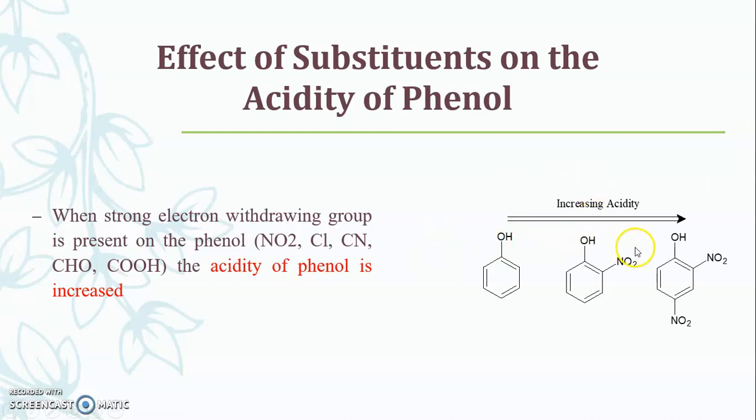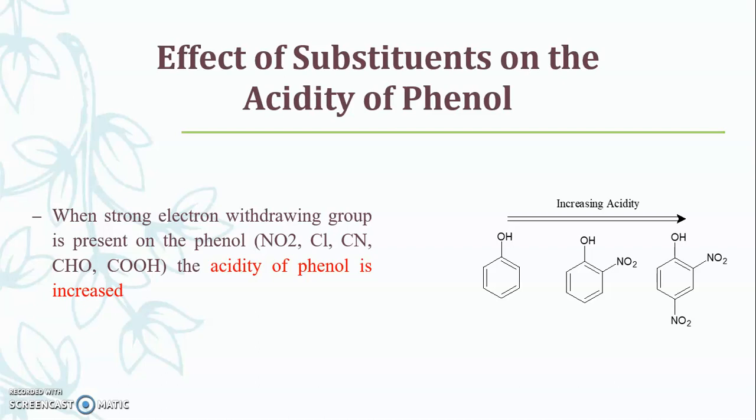Why? Because these substituents withdraw the electrons present on the benzene ring, due to which the benzene ring becomes electron deficient, and to become stabilized, the benzene ring withdraws electrons from the oxygen. Due to this, the oxygen's ability to hold the hydrogen decreases, because hydrogen has a positive charge and oxygen has a negative charge, so that a bond forms between oxygen and hydrogen.